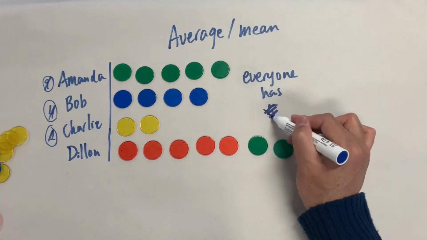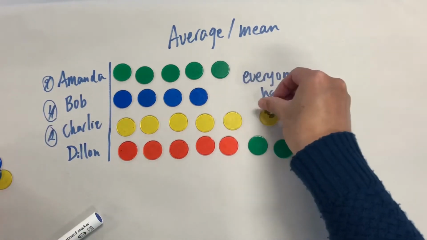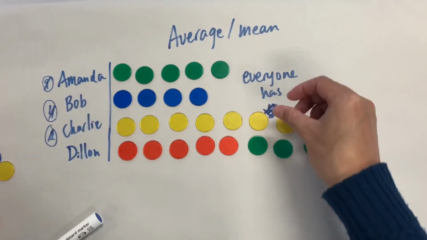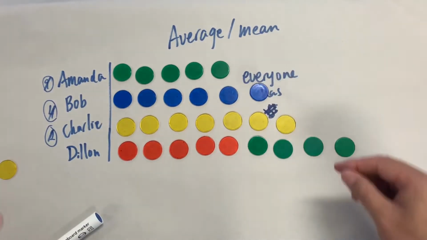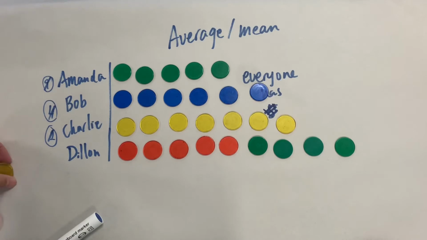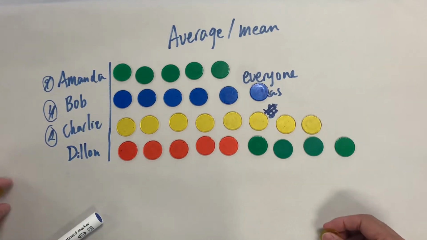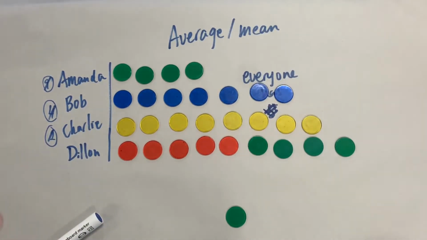So I have 4 people: Amanda, Bob, Charlie, Dylan. I'm going to have some random numbers there. How about a less one and one more?